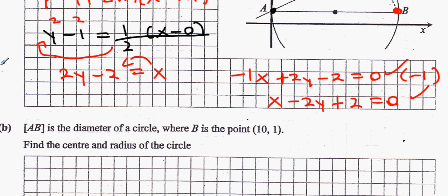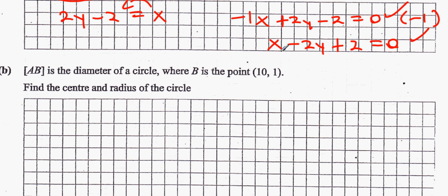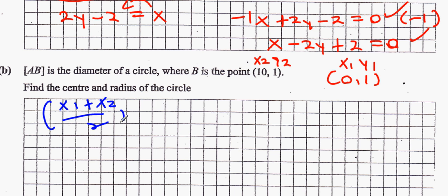So here we have 10, 1. B is 10, 1, which is going to be x2, y2. A is the point 0, 1, which can be x1, y1. Okay. Now, to find the center of the circle, we need the midpoint formula, which is x1 plus x2 divided by 2, and y1 plus y2 divided by 2.